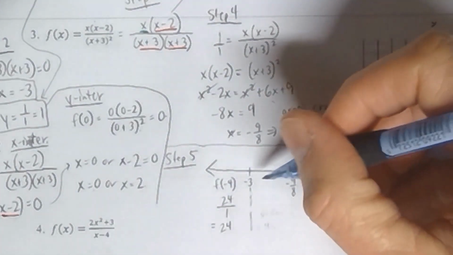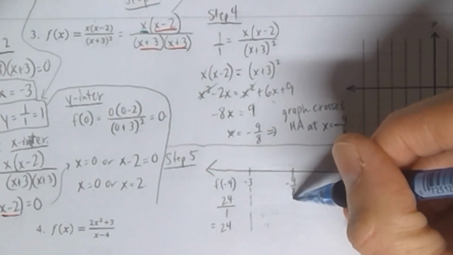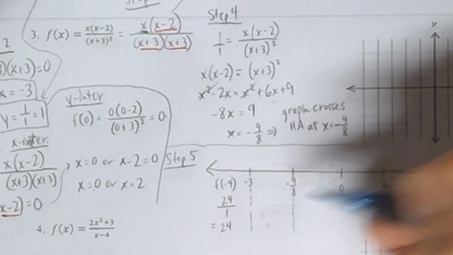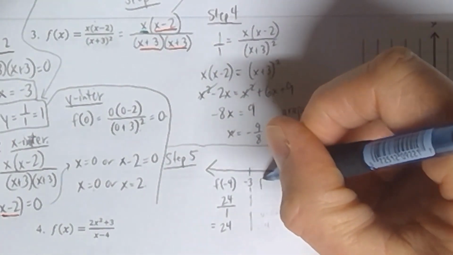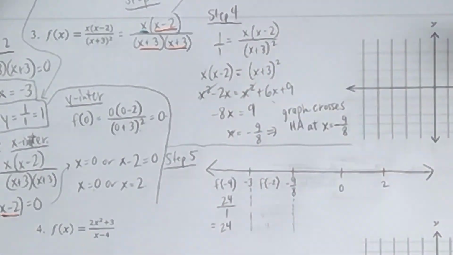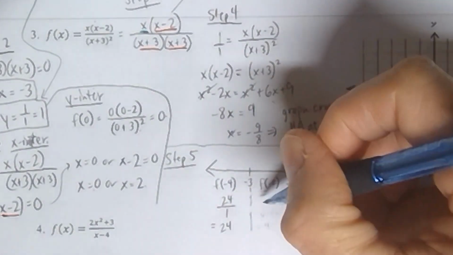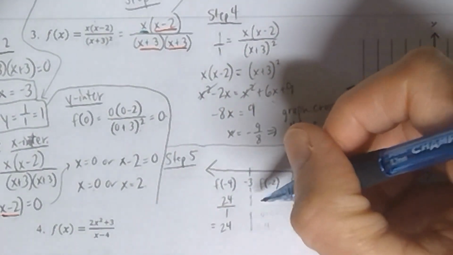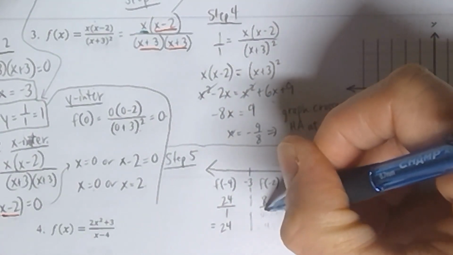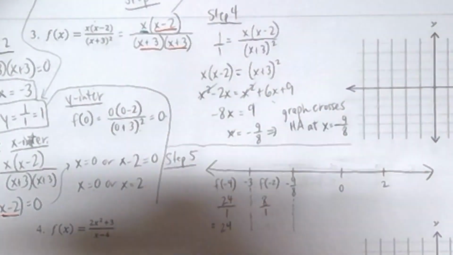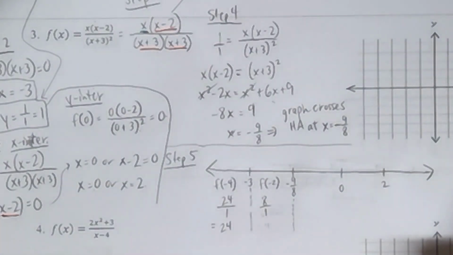How about between -3 and this fraction, which is like -1 point something. So doing f of -2 will be just fine. If I plug into that, I get 8 over 1. We all know how to plug things in now, so I'm going to accelerate things a little bit.